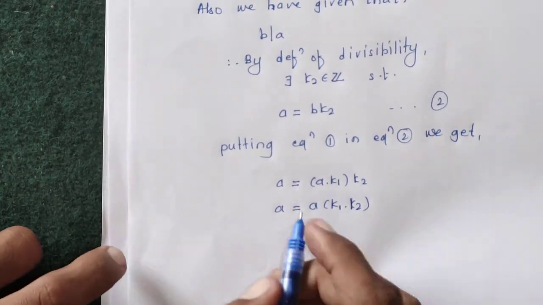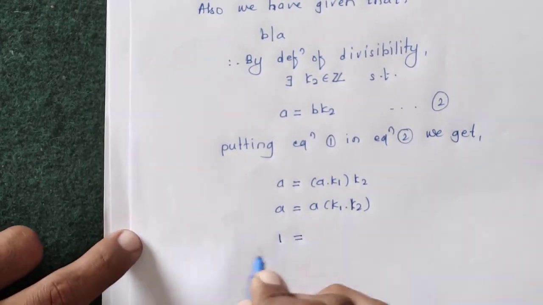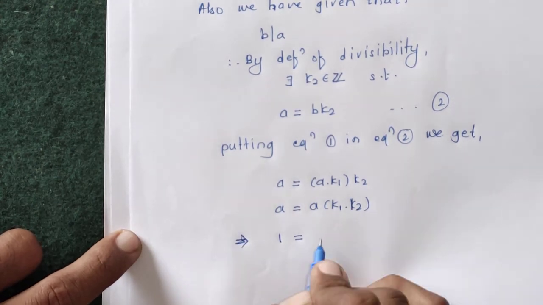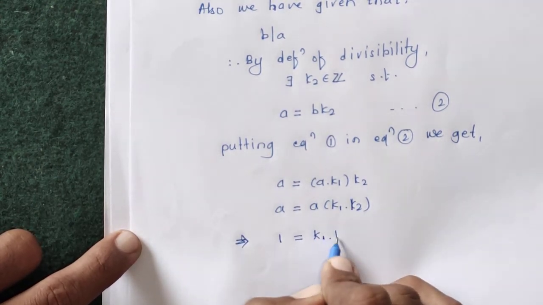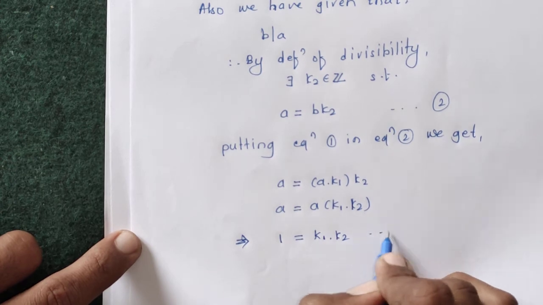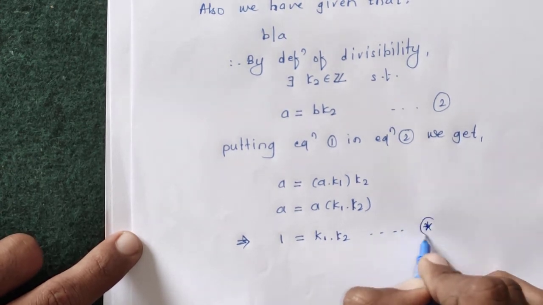So A gets cancelled, and we get 1 is equal to k1 into k2. This is our new equation star.